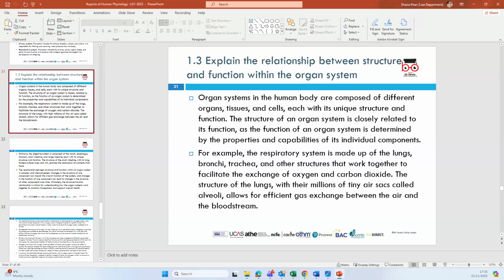This means that the shape, arrangement and composition of organs and cells within a system directly enable its overall role in the body. For example, the heart's structure as a muscular organ is essential for its function of pumping blood, while the lung structure with its tiny air sacs is perfectly suited for gas exchange as well.